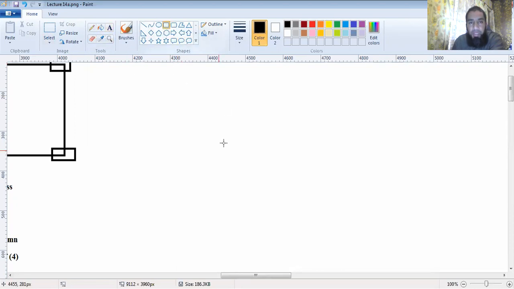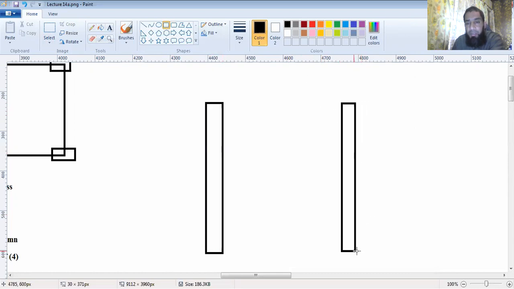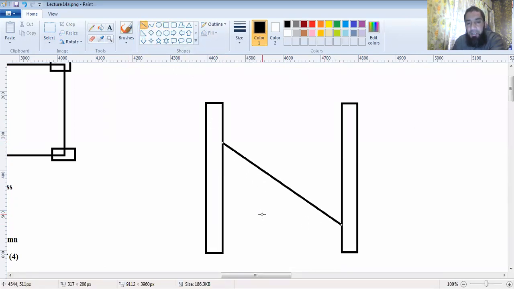So for example, if you have a column which is too high, what you can do is that there could be bracings applied. Bracing is something like this, which connects the columns. Now, what happens due to bracings is that there is a decrease in the effective length.